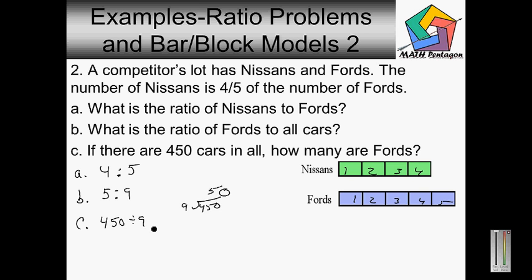So we have 50. And then we have to figure out the total number of Fords. So you basically do 50 times the 5 blocks here of the Fords, and you get 250. So we have 250 Fords in all, and that's the answer to C right there.